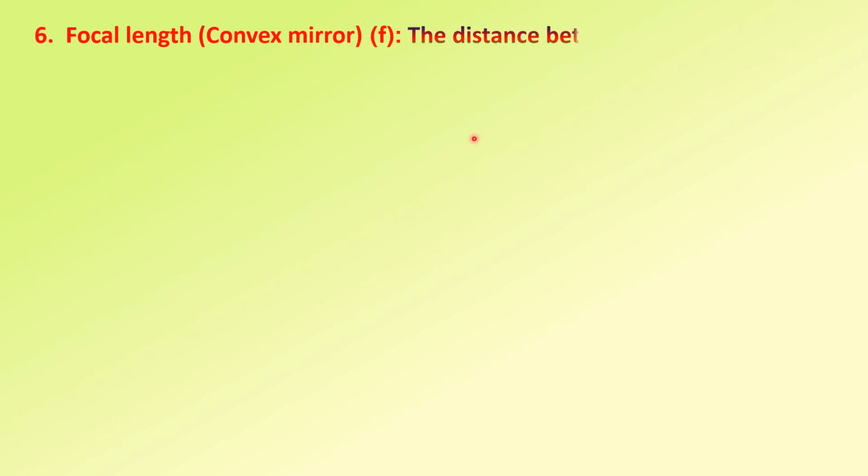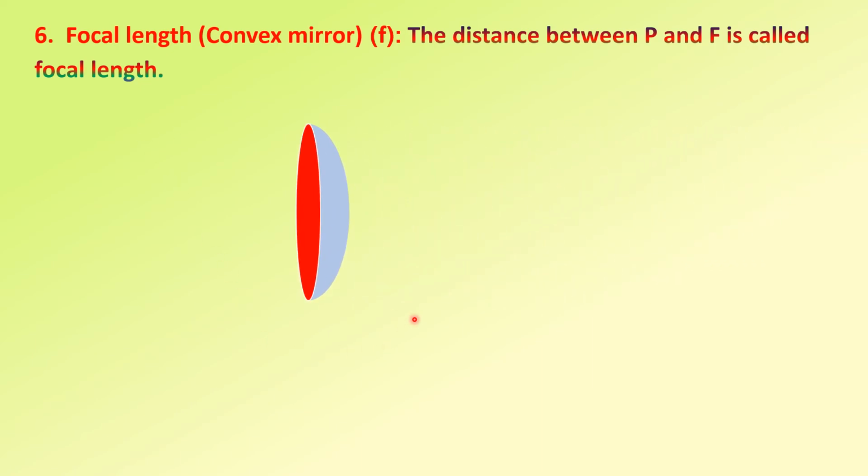Next, focal length in case of convex mirror, same definition applies here also. The distance between the pole and the focal point is called the focal length. This one is the convex mirror, and P is the pole, C is the center of curvature, and here is the F, focal point or focus, and this one is the principal axis, and from here to here, P to F, is called focal length small f.